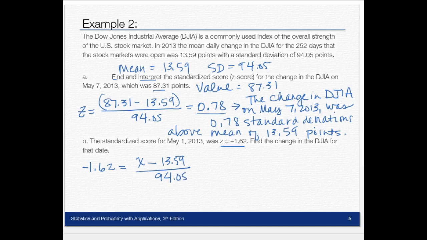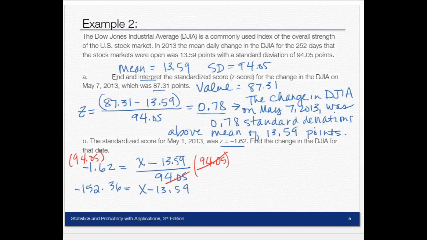All right, now to solve this, I want to get rid of the fraction, so I'm going to multiply both sides by 94.05, whatever's the denominator. And on the right, these two will cancel out, and when I multiply these, I now have negative 152.36 equals x minus 13.59.